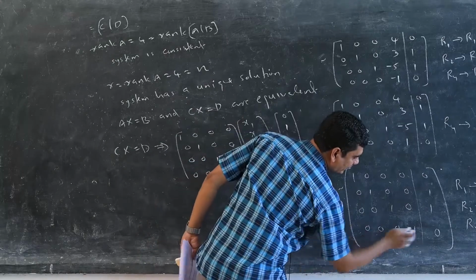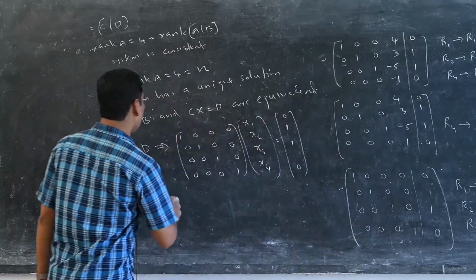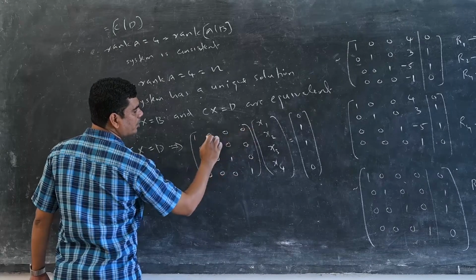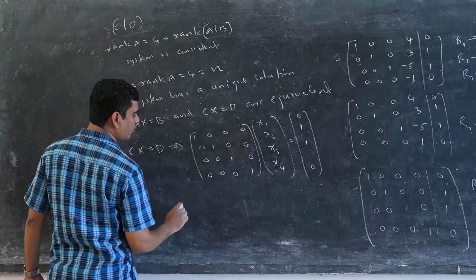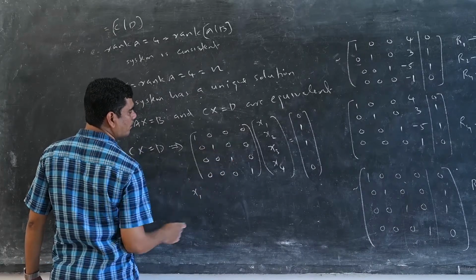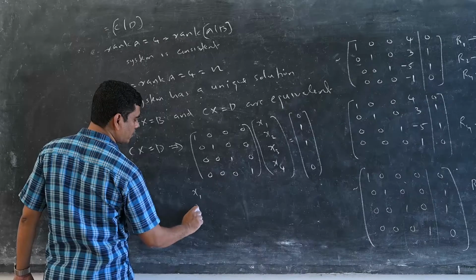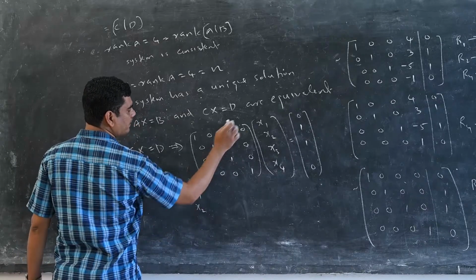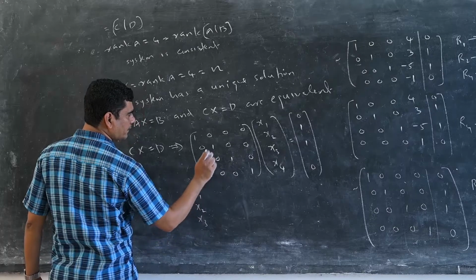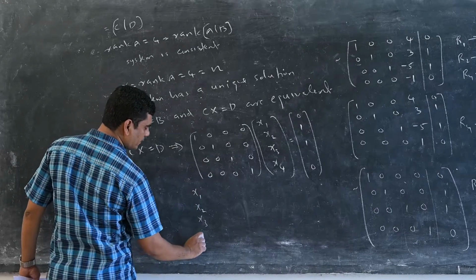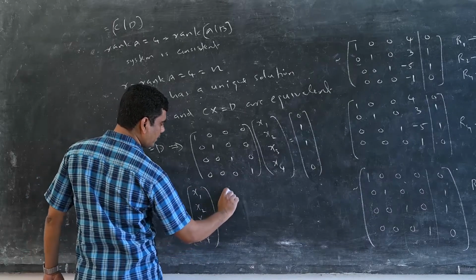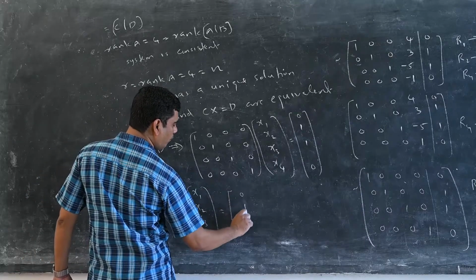This part is C, this is D. Now multiply these two matrices: 1 into x1 plus 0 into x2 plus 0 into x3 plus 0 into x4, x1. 0 into x1 plus 1 into x2 plus 0 into x3 plus 0 into x4, x2. Similarly 0 into x1 plus 0 into x2 plus 1 into x3 plus 0 into x4, x3. 0 into x1, 0 into x2, 0 into x3, 1 into x4, x4. This is equal to x1, x2, x3, x4, this is equal to 0 1 1 0.